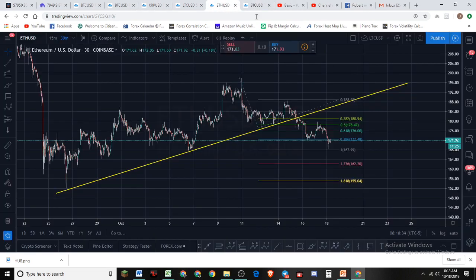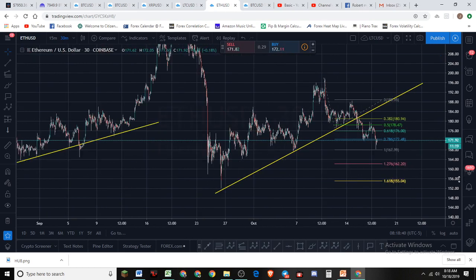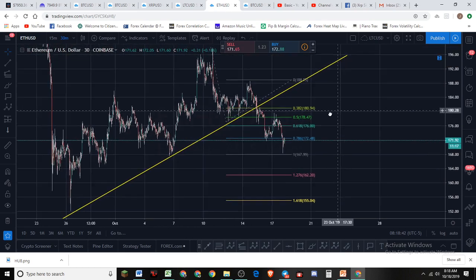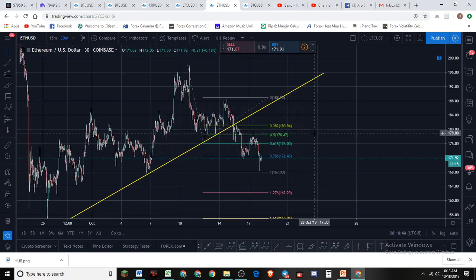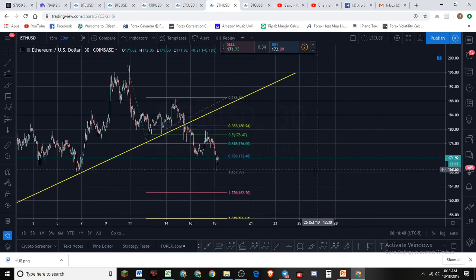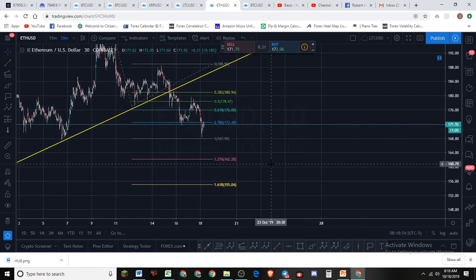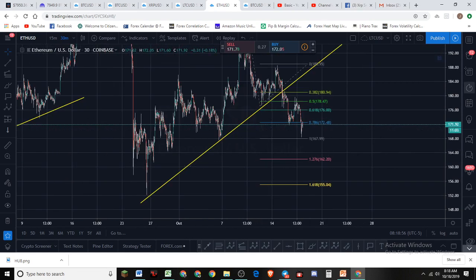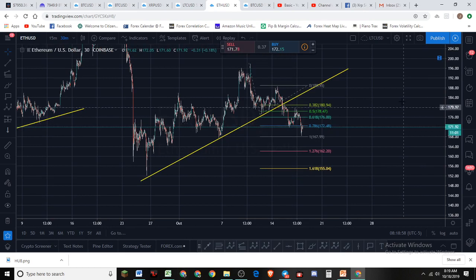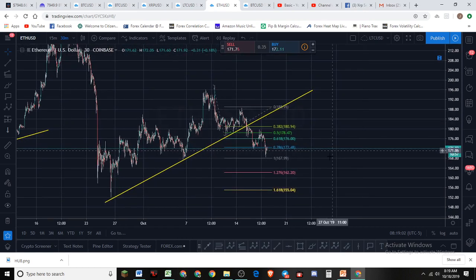And then Ethereum looking the same way to me. We've come down finally and hit the 1-to-1 extension, except nothing looks finished. And so I'm still just looking for more downside for Ethereum. So it looks like when Bitcoin gives its final low, we're going to see a final low here for Ethereum as well.